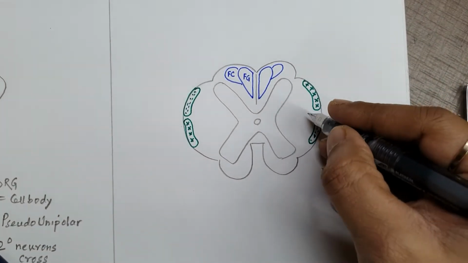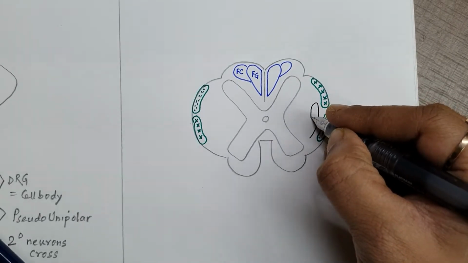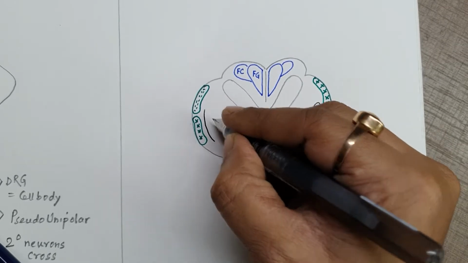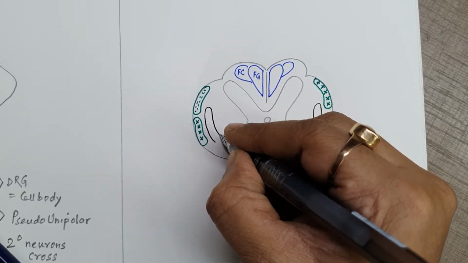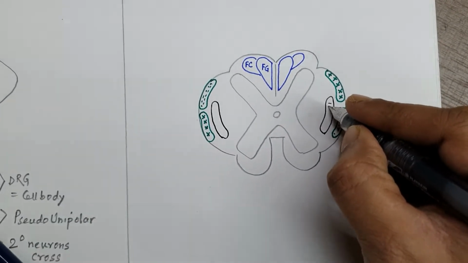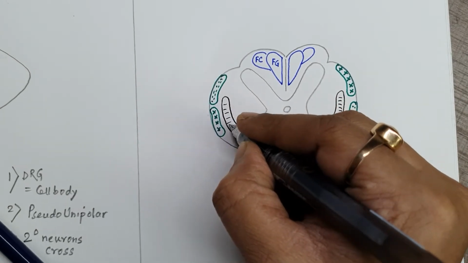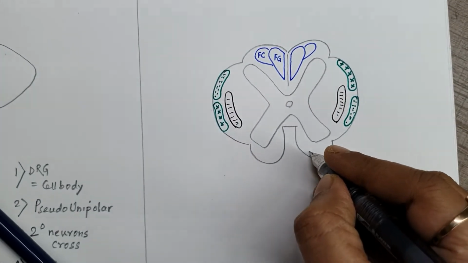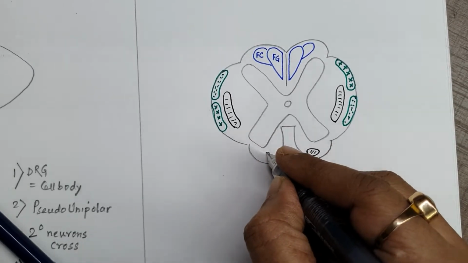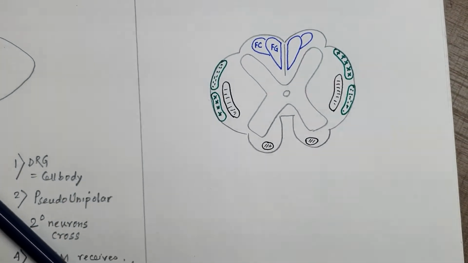If we put in the spinothalamic fibers, this is the lateral spinothalamic fiber carrying pain and temperature sensation of the opposite side. This is the anterior spinothalamic fiber carrying pain, temperature, pressure, and touch sensation of the opposite side.